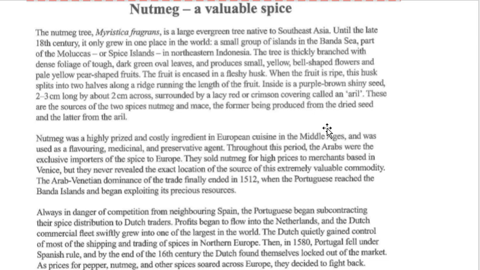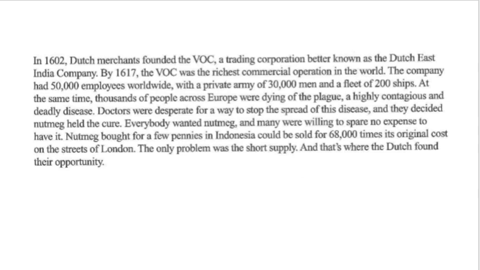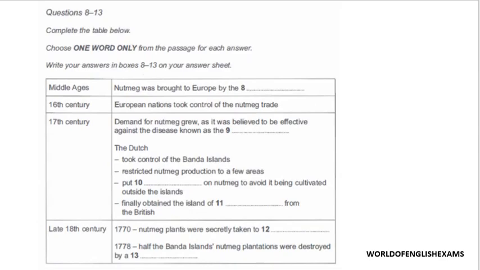Throughout this period, Arabs were the importers of this spice to Europe. So who introduced the spice to Europe? It was the Arabs. So what's the first answer? Arabs. Are you able to understand how easy it is to answer once you know? So let's look at the next set of questions. 16th century: you don't need to read that because it's already given to you.